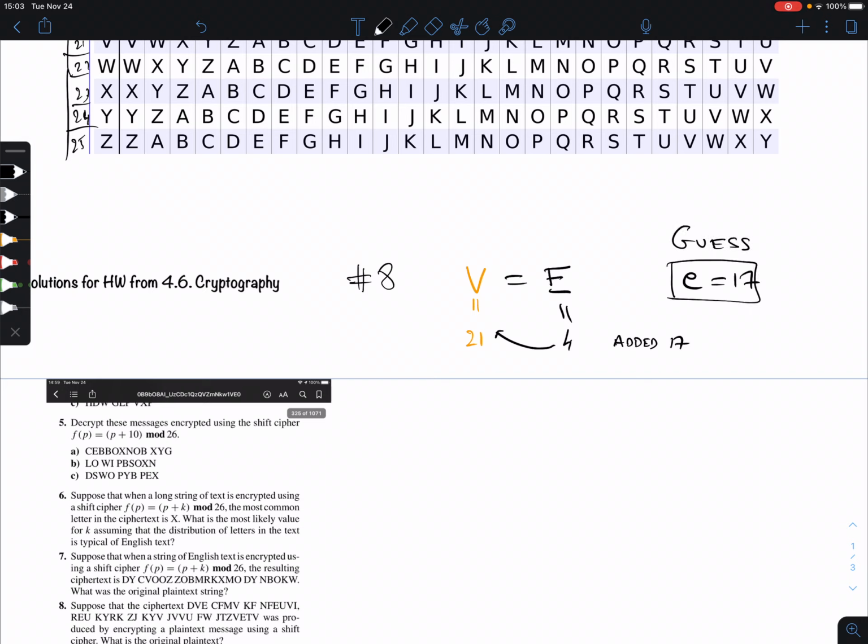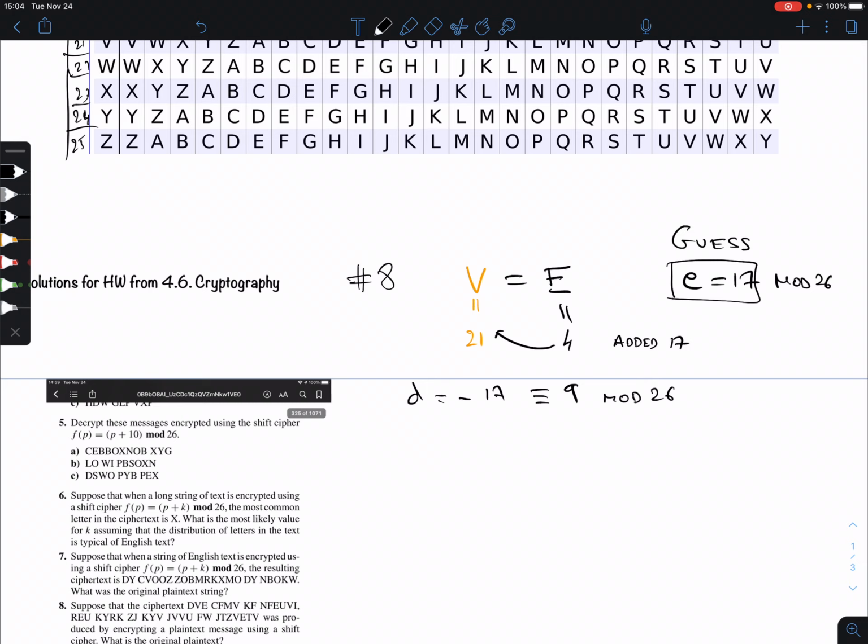And once we have decided what our encryption key is, we know also what our decryption key is, and that is subtracting 17. This is of course always modulo 26. So to decrypt is minus 17, but you can also think of it as plus 9 mod 26. So instead of subtracting 17, I can also add 9, which is slightly simpler, right?